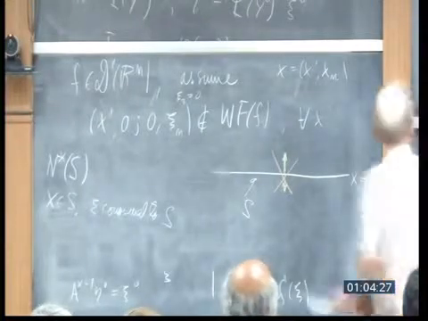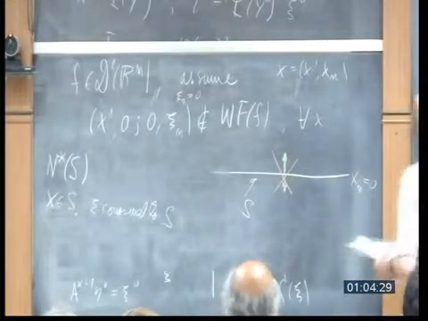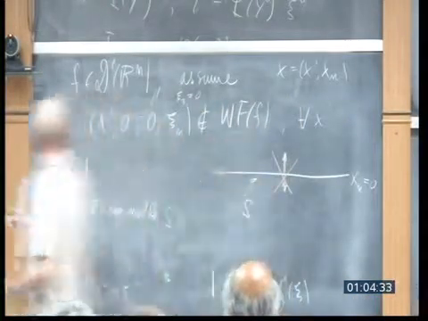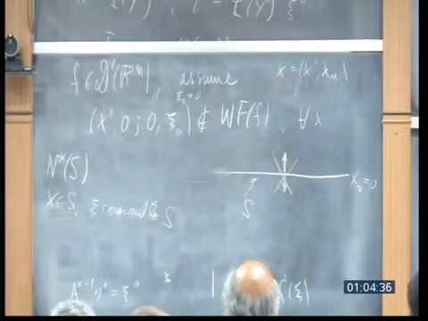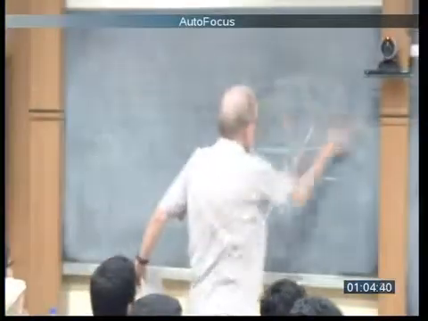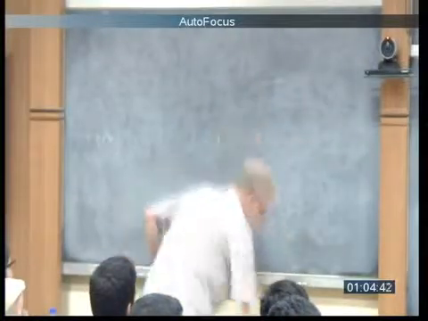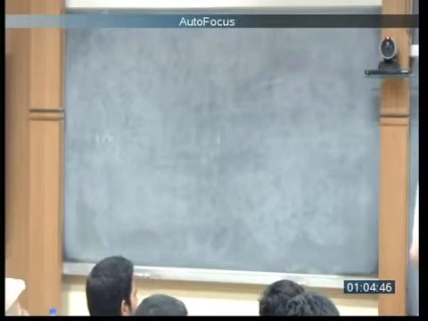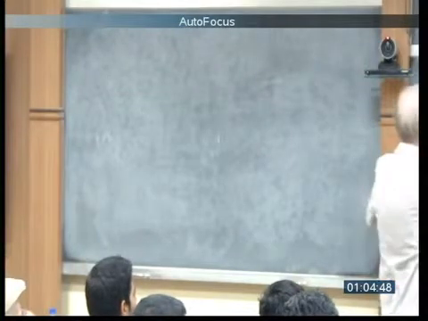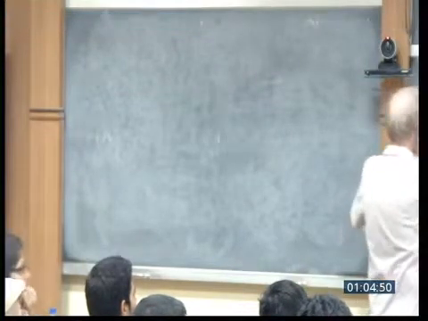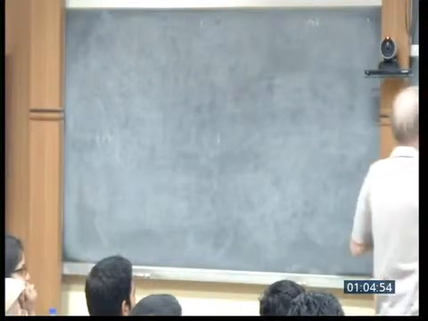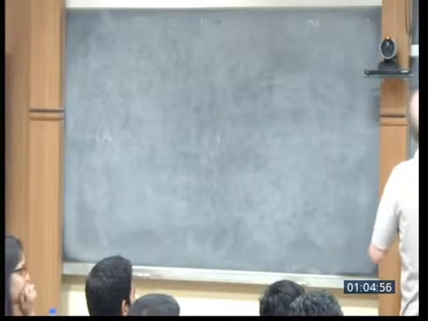I have 1 minute. To define the distribution, well, obviously we only need to do it locally, so we can cut off f by multiplying by a smooth function, so we can assume that it has compact support.